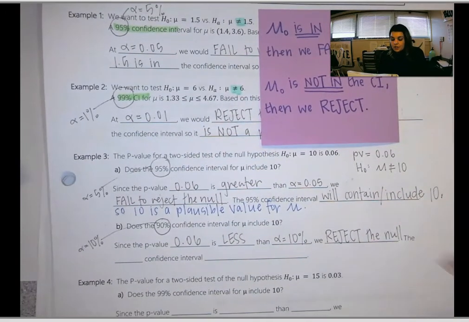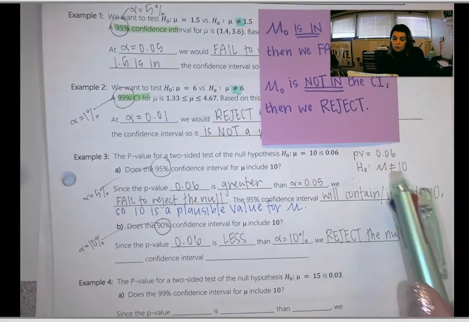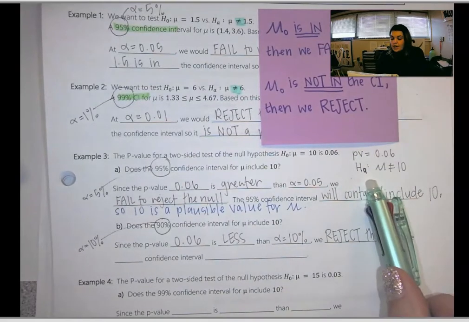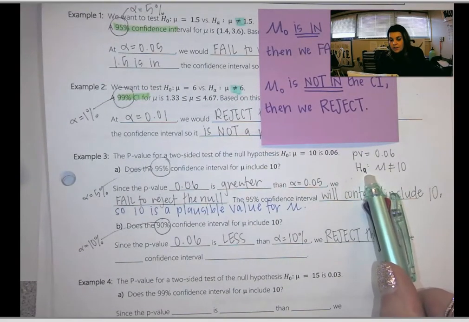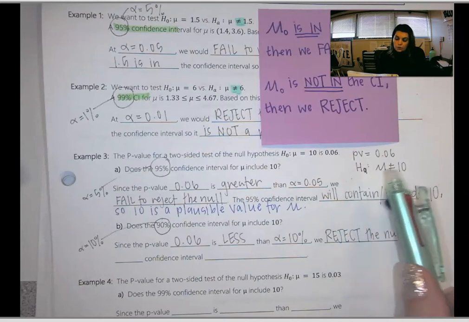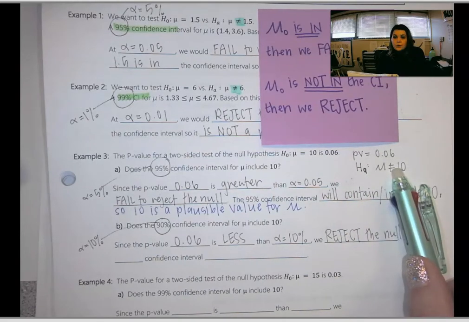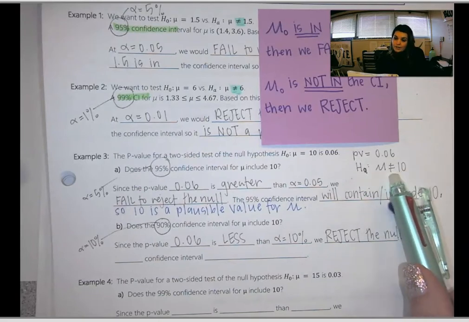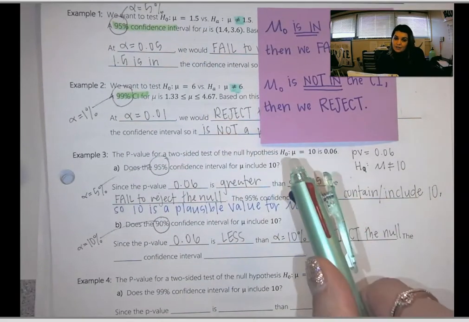If we reject the null, that means we conclude the alternative. We conclude, I wrote H0 there. That's HA, my apologies. That's HA. So we conclude that mu is not 10. We conclude mu is not 10 because we reject the null.